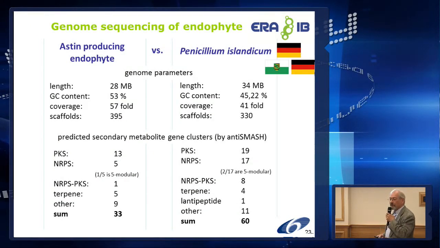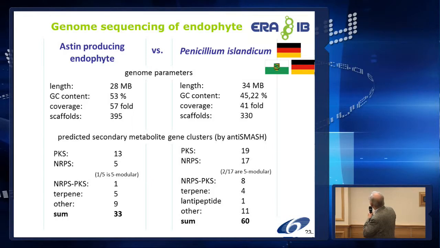Of course, we now sequence the new fungus, and I just show you one slide here comparing the astin-producing endophyte with the penicillium strain. The genome is smaller than in the penicillium, GC content is higher, and also you see the penicillium strain is producing more secondary metabolites, or has more genes for secondary metabolites than our new astin producer.